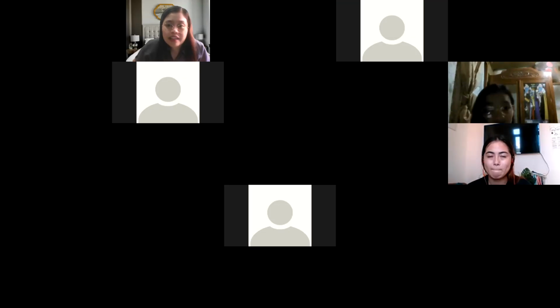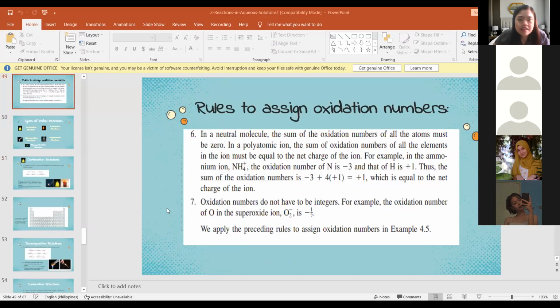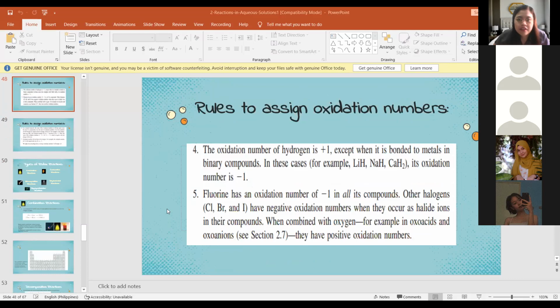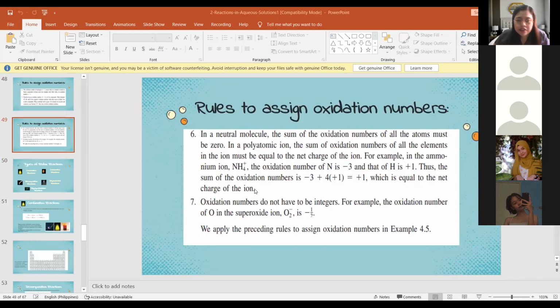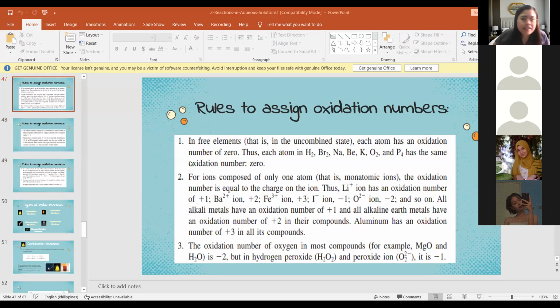So, kung babalikan natin yung rules natin, remember, wait lang. Kung babalikan natin yung rules natin, class, saan na nga yun? Ito. Ayan. So, rule number 1, in free elements, that is in the uncombined state, each atom has an oxidation number of 0. So pag hindi daw nakakombine yung ating mga elements with other elements, 0 yung kanyang oxidation state.